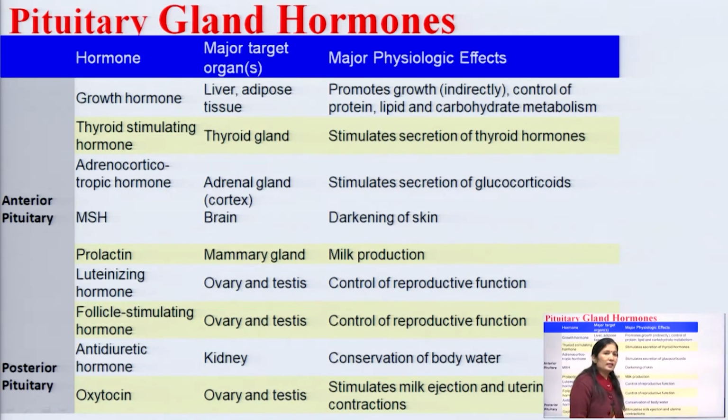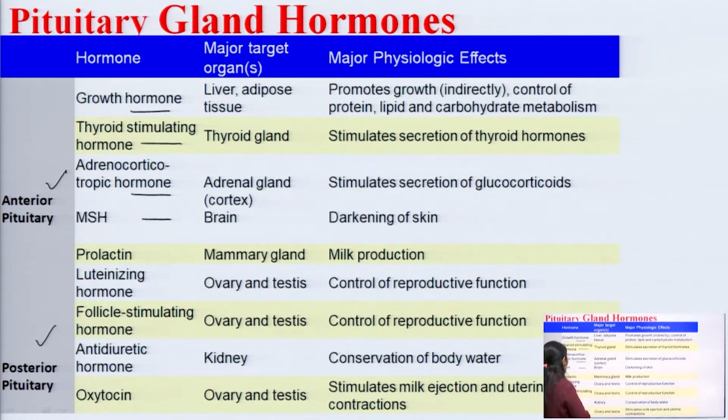Now, various hormones of pituitary gland. As we have seen, anterior pituitary and posterior pituitary, the two lobes of the pituitary. Anterior pituitary secretes growth hormone, thyroid stimulating hormone, adrenocorticotropic hormone, melanocyte stimulating hormone, prolactin, LH, luteinizing hormone and FSH.